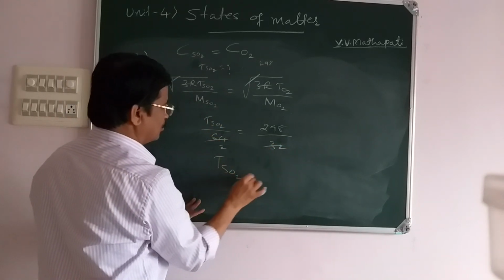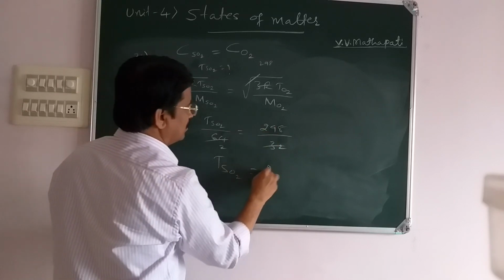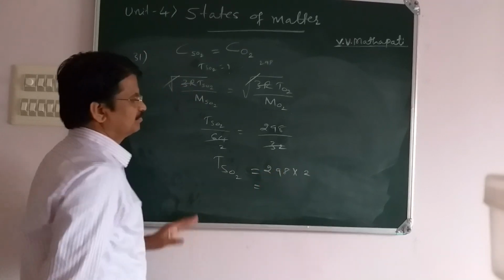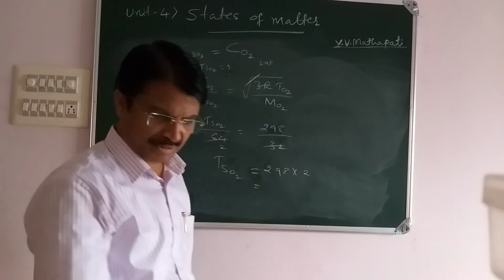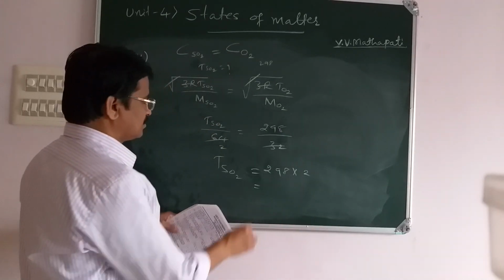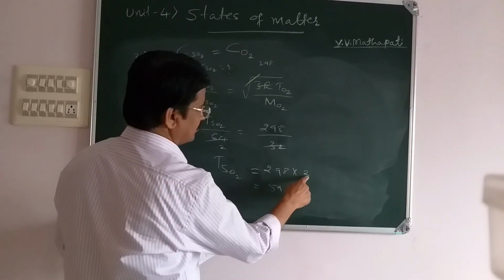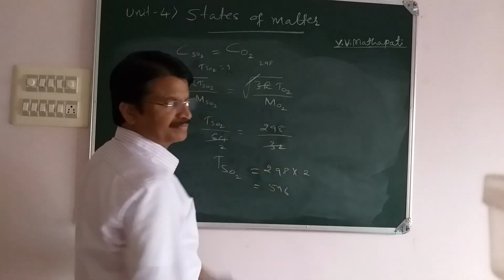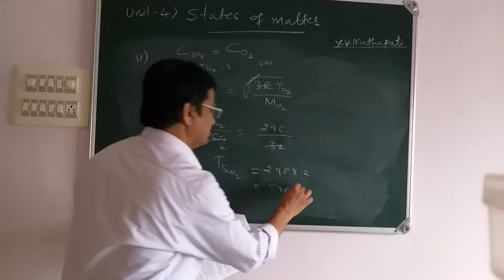T of SO2 equal to, make it double, 298 into 2 equal to 596. We get the answer, either double, 596 K. Correct, 596 K.